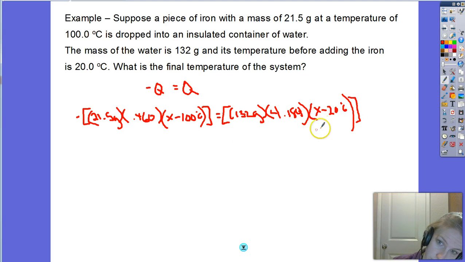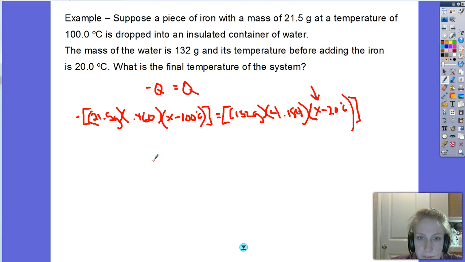So now what we need to do is we just need to simplify so that we can get X. Because X is going to be the same for both of them because it's going to reach equilibrium. So we only have to solve for X, and then we'll know the final temperature of the whole system.